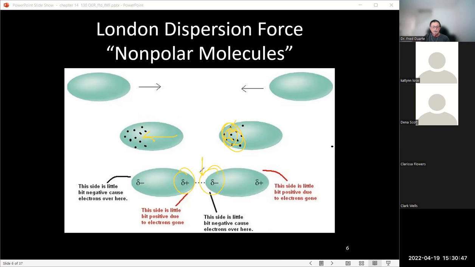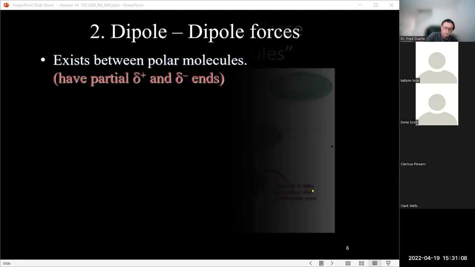So they kind of stick together for a little bit, okay? And the same is true from the other side. So there is a temporary dipole. Okay, this is a dipole, but it's only temporary. These are for nonpolar molecules.